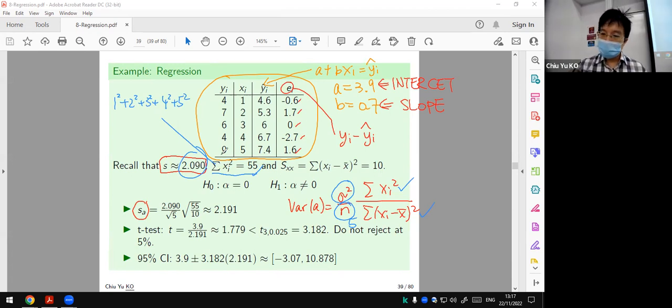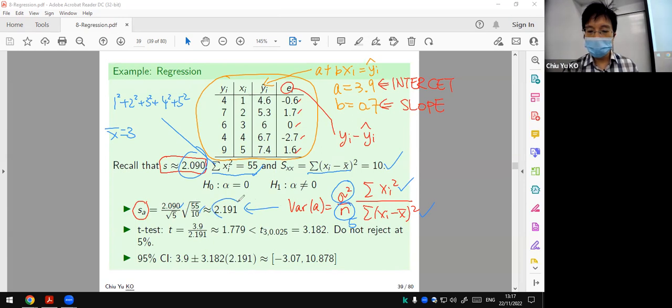And this S X X is each number minus the mean, and x bar is 3, remember x bar is 3. So 1 minus 3 square, 2 minus 3 square, and so on and so forth. Actually, we did it, it's 10. So you just plug in the numbers here.